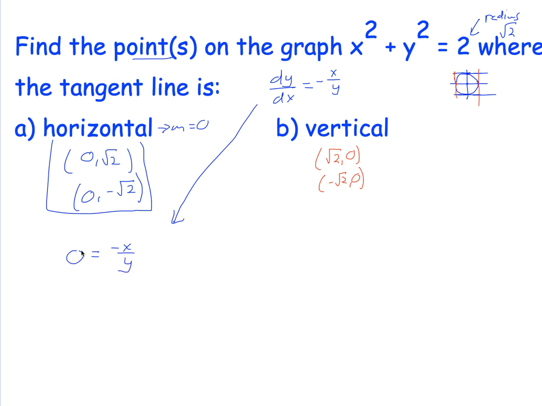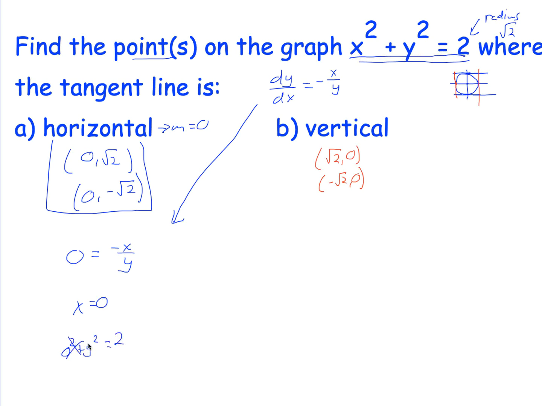And you think, well, how could we get 0 here? How does a fraction equal 0? Well, a fraction equals 0 when the numerator is 0. So x would have to equal 0. You know x equals 0, you would plug that back in to find the corresponding y values. So put 0 in for x, so 0 squared plus y squared equals 2.